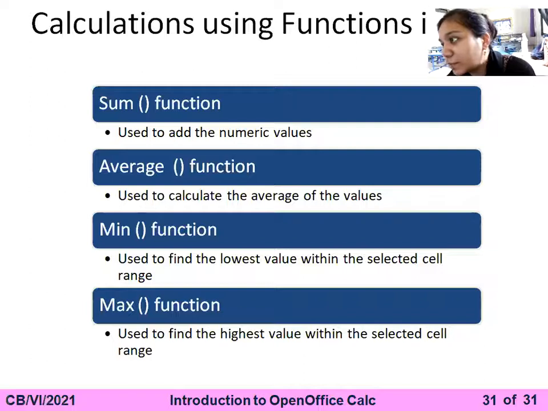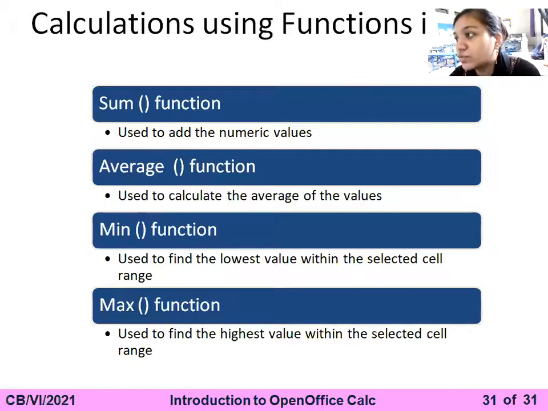To reduce the time for calculation, some functions were introduced in CALC. In class 6, we learn only 4 functions, which are the basic functions of CALC, mostly used nowadays.